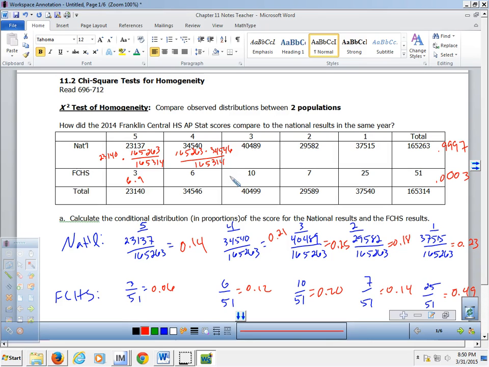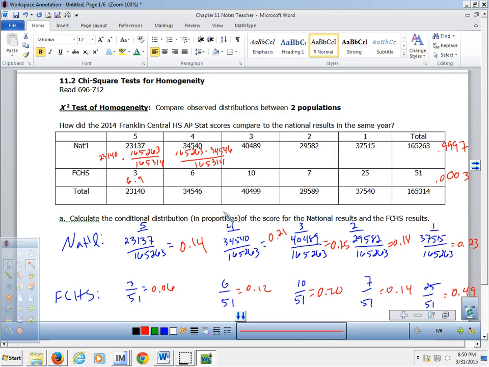So, in other words, to find our expected counts in our cells, we're going to take the row total times the column total and divide it by the table total. And that will give us all of our expected counts. Now, obviously, every cell in the national row is going to be much bigger than 5. All we really have to concern ourselves with are the FCHS cells, right?